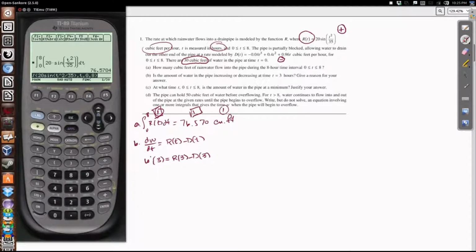And so if I evaluate that, I need to substitute 3 into this equation that we just had. So I'm going to backspace up, and I'm going to stick 3's in here. So 3 squared. And then I want to subtract this quantity, and this quantity is my d of t. So this is going to be negative 0.04 t cubed, but it's not t, it's 3.